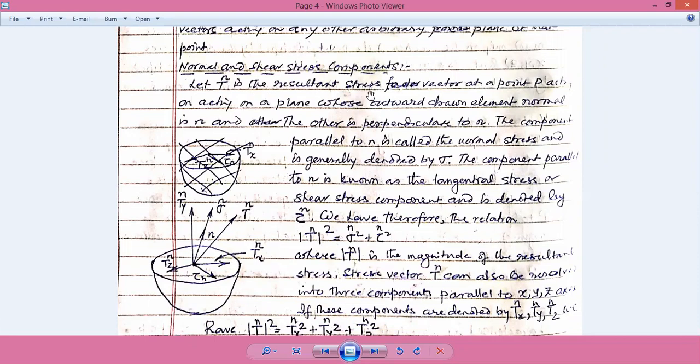T is the resultant stress vector at a point P acting on a plane whose outward drawn normal is n. That is, a stress, force per unit area, acting on a plane whose outward drawn normal is n. Any plane must have a normal. So here, this stress T is acting on the plane which has a normal equal to n, and another direction is perpendicular to n.